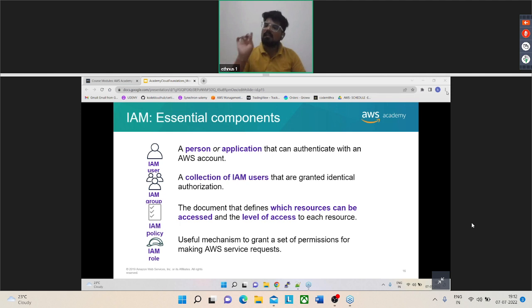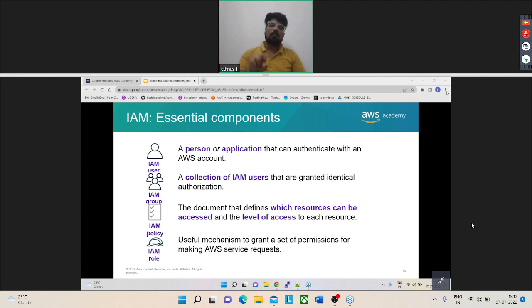So an IAM user is a single entity which has certain permissions, and those permissions he can use to access AWS resources inside a particular AWS account. That's how you can create multiple IAM users in a single account, and those users can log into your AWS account for completing a particular task. That is a simple IAM user. That is the first pillar.